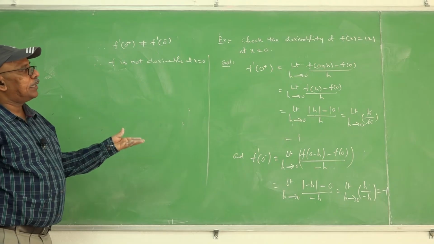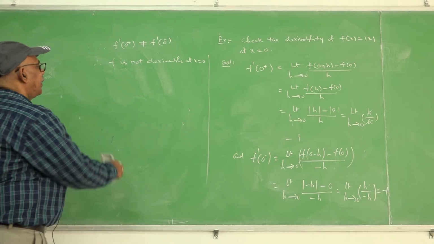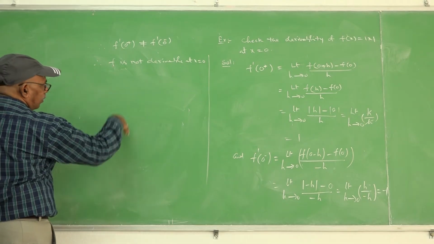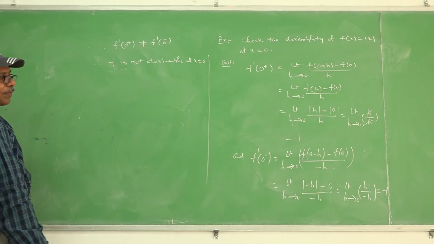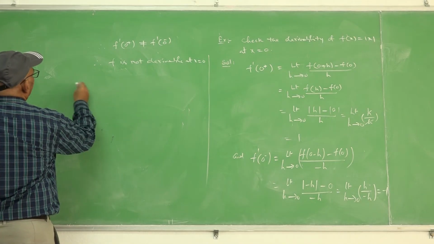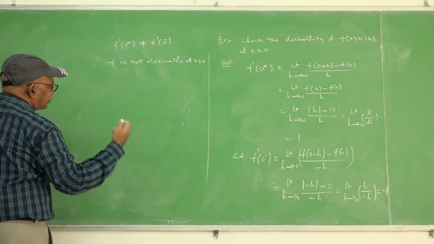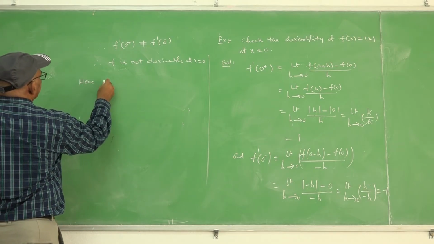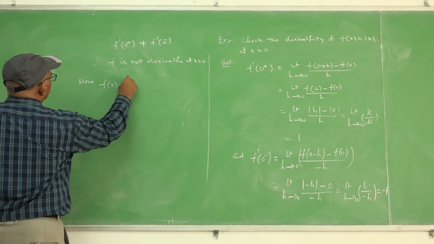Geometrically, the same concept can be observed by drawing the graph of the function f x equal to mod x. I will explain the geometrical method. Here f x is mod x.